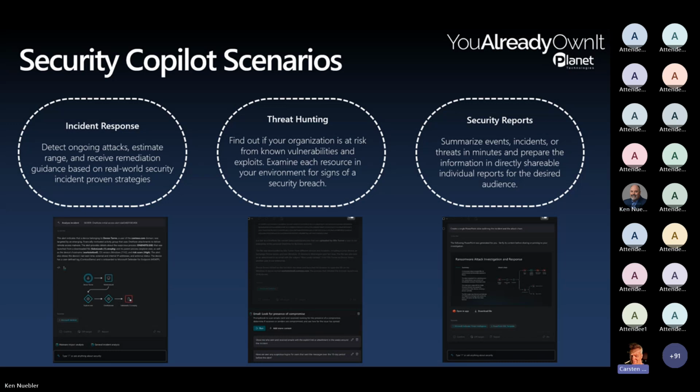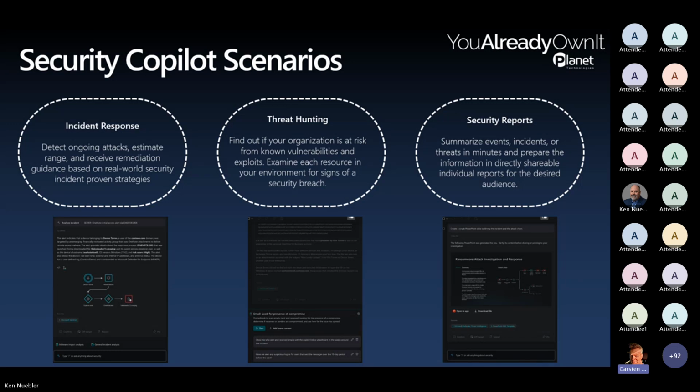The security reports, this is probably one of my favorites when I saw it the first time. I realized that there was a very quick way of creating a summarization of an event, an incident, or any threat. And I can tell Security Copilot what to do with that report.